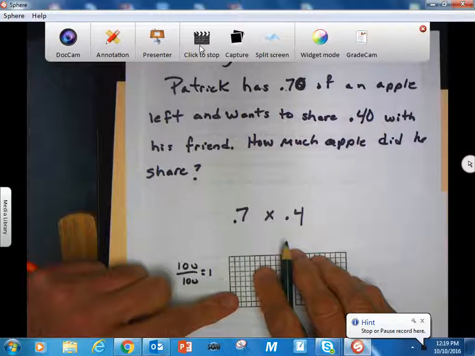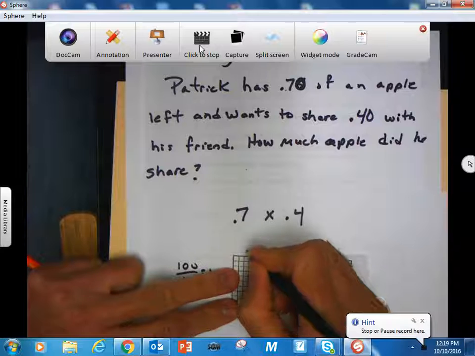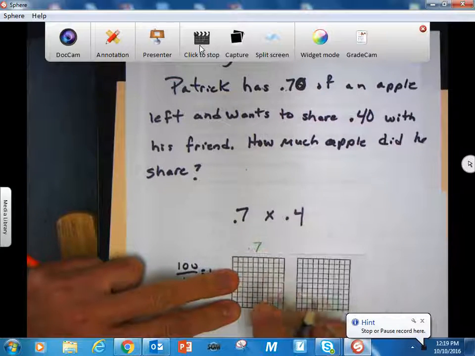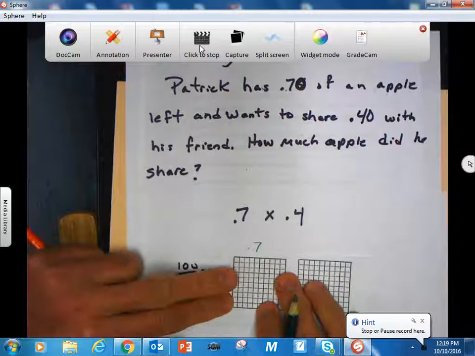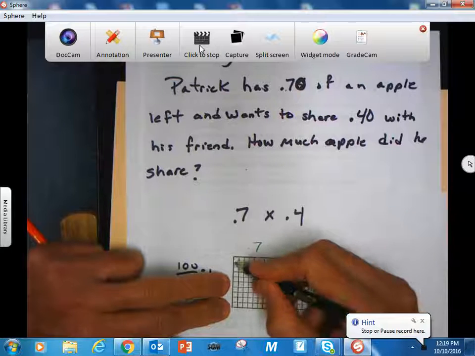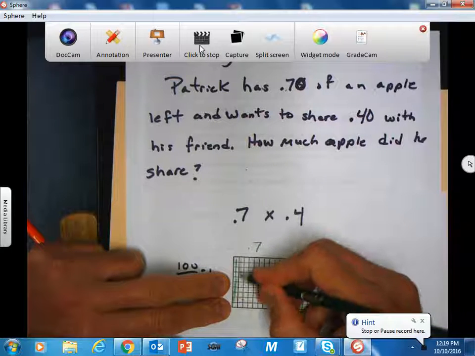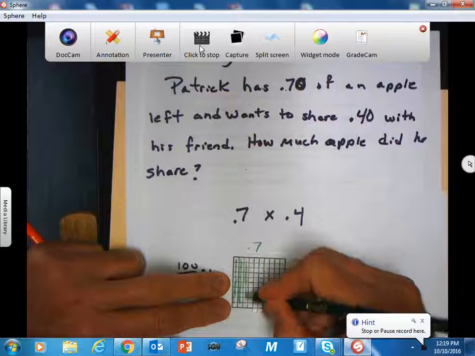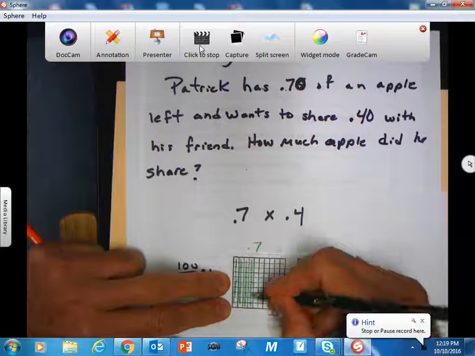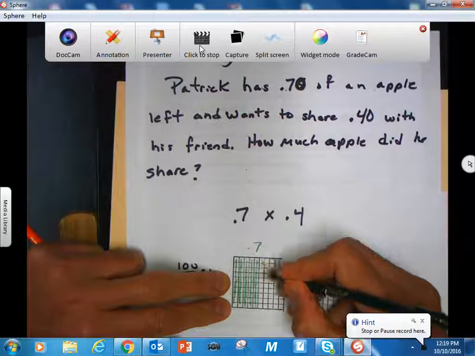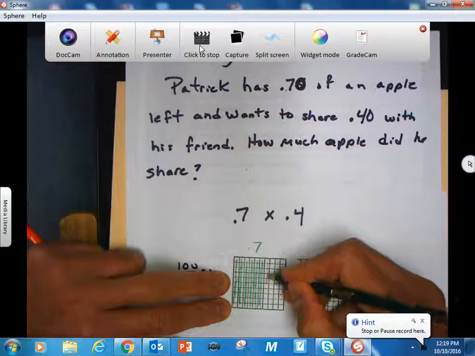So here I'm going to label my 7 tenths, and I'm going to go ahead and shade in 7 tenths. 1 tenth, 2 tenths, 3 tenths, 4 tenths, 5 tenths, 6 tenths, 7 tenths.